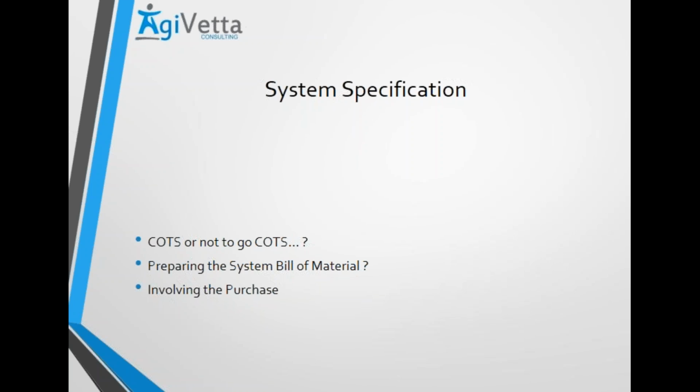So you might have to iterate through this particular part before you can get the right part or device for your overall system. That means purchase becomes one of the stakeholders. The manufacturers of these devices become stakeholders. And obviously your end customer or your sales team might also become customers.